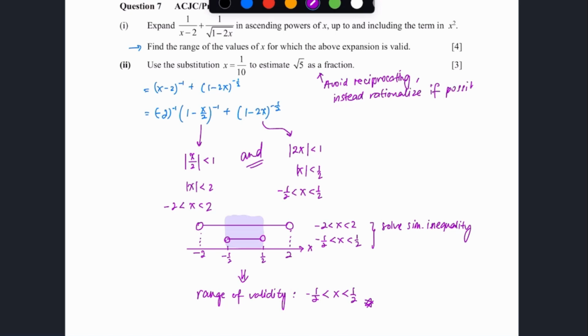You can throw the negative 1/10. Once you sub everything in, just throw. But for the root 5, try not to reciprocate. We rationalize it if possible. Correct, root 5 over 5. Then you throw the denominator up to the other side. Something like that. All right, so let's leave this hanging.